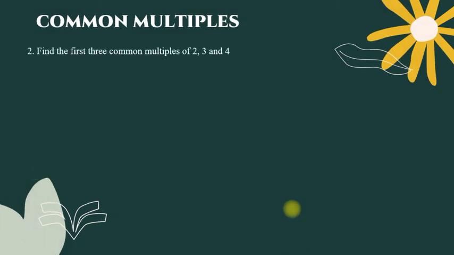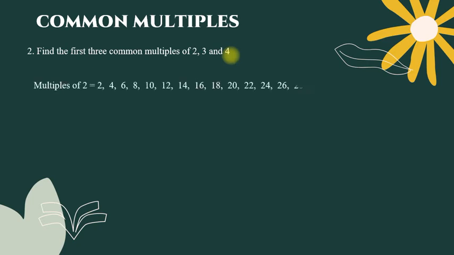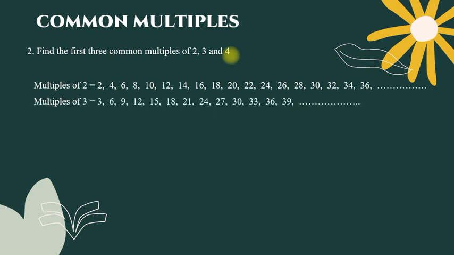Next, another example: find the first 3 common multiples of 2, 3 and 4. Remember the first step: we list the multiples of 2, the multiples of 3, and then the multiples of 4. When you list all these numbers, you find the same number. Is it 2? No. Is it 4? No, this one doesn't have 4.